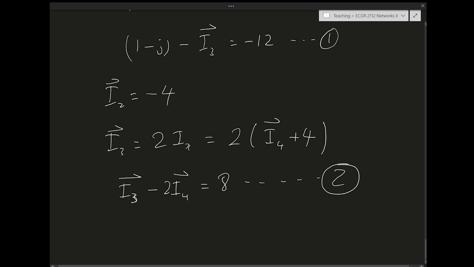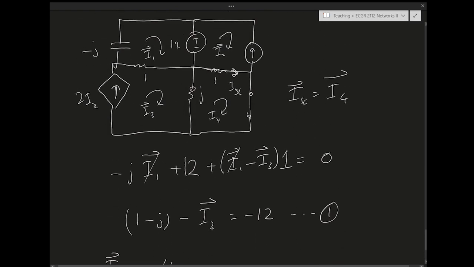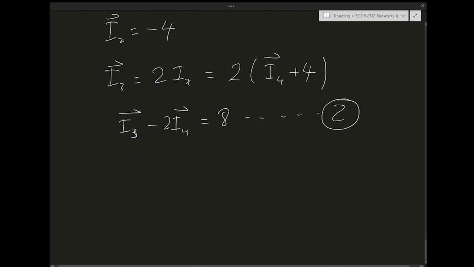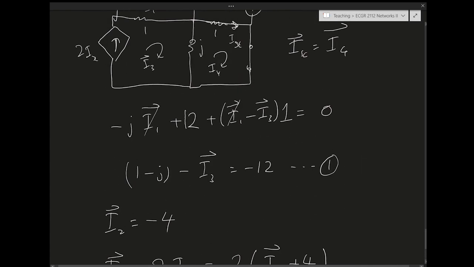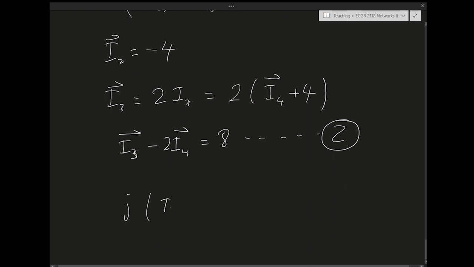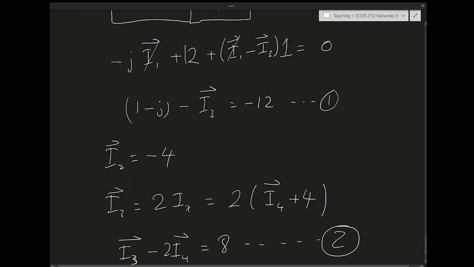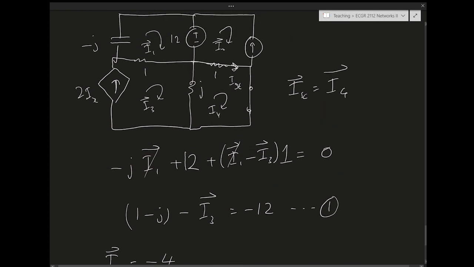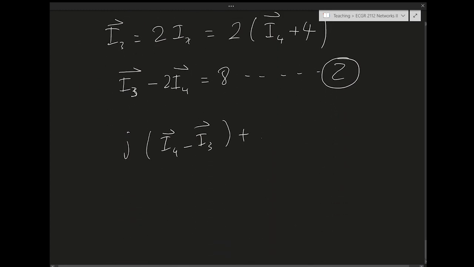The third mesh equation is from the I4 loop. So I have J, the inductor, times I4 minus I3, plus I4 minus I2, I2 is minus 4, so it's going to be I4 plus 4, times 1, equals 0.